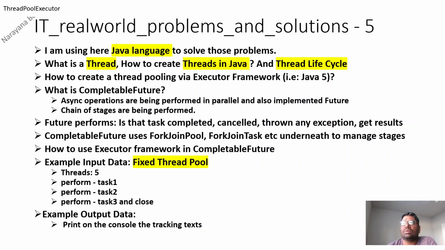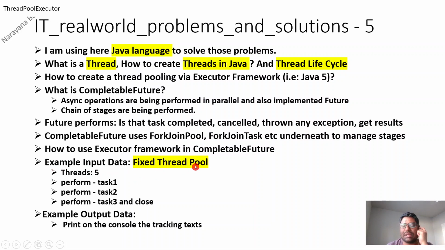Now I need to perform based on the threads which I am defining. How am I going to use the defined threads at my side? So I'm going to use the Executor framework to define the set of threads, and I want to use it along with CompletableFuture. How am I going to do it? Let us try to understand the input.